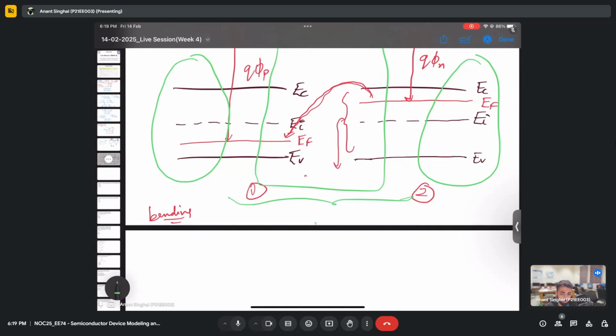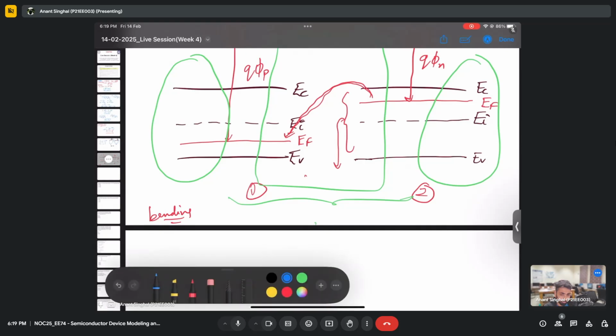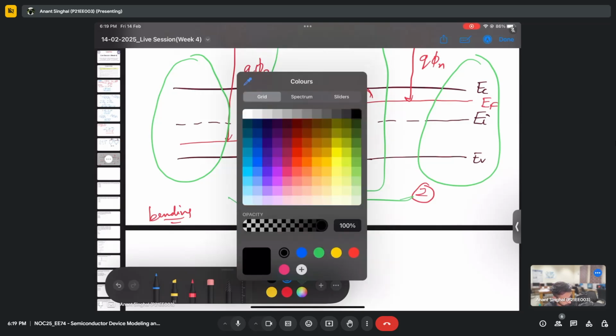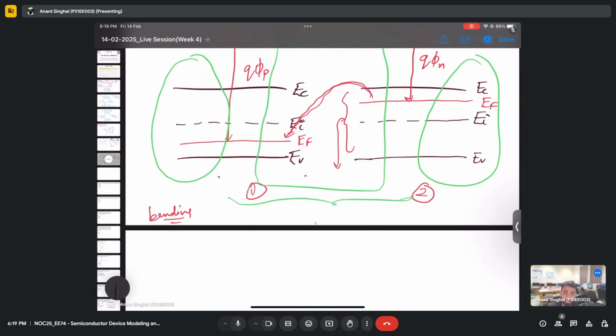Can anyone tell which equation is used to solve the electric field or the potential? Those who have maybe gone through some TCAD or something like that might be aware of this. Any guess?